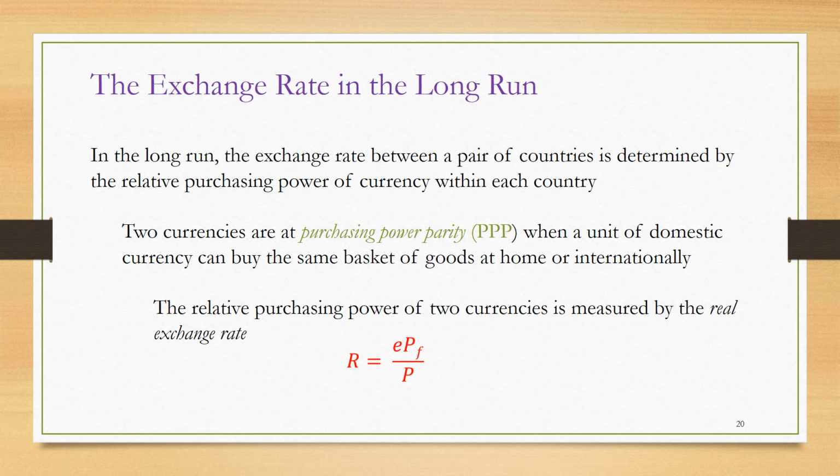Our basket here is not really a representative basket of a whole lot of goods and services. It's just a Big Mac burger in this instance. But the Big Mac PPP is the idea that the exchange rate should adjust so that a hamburger costs the same in one country as it would abroad.